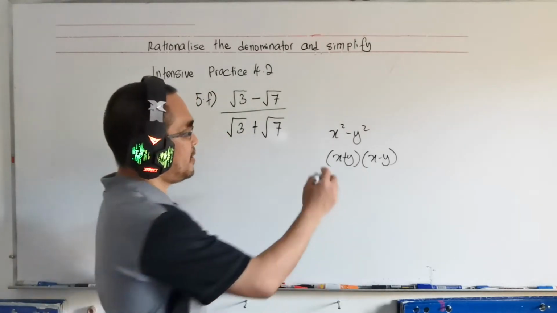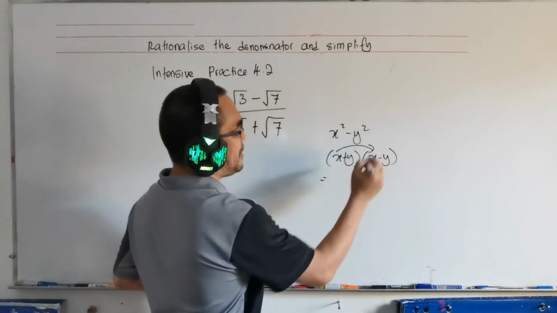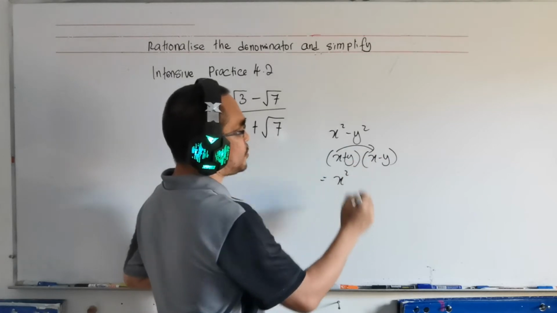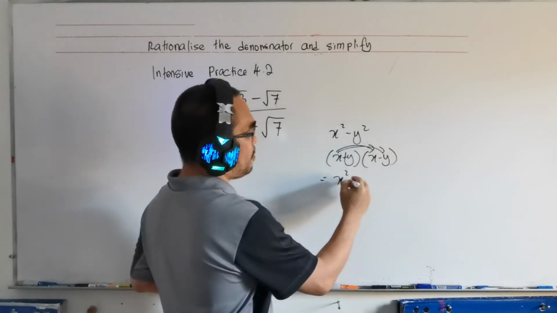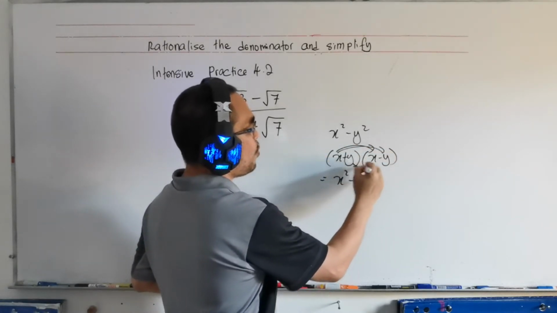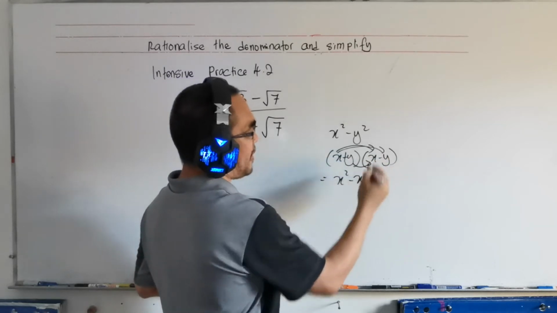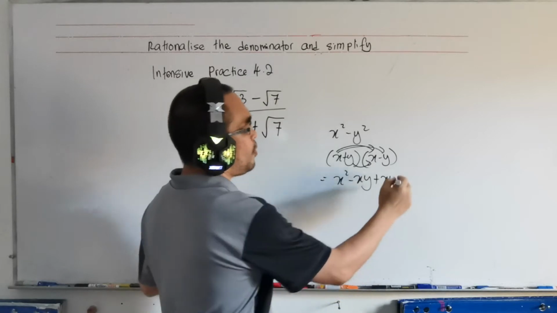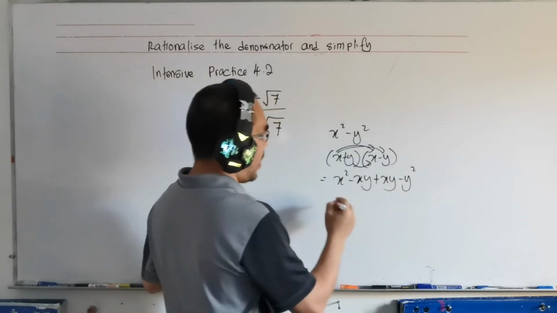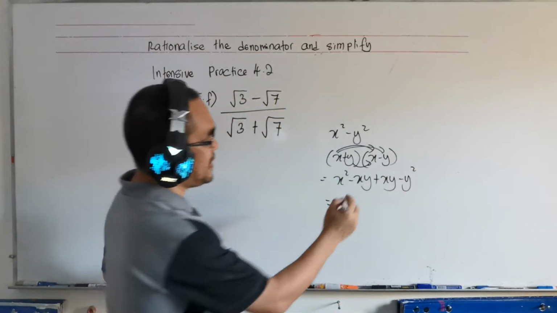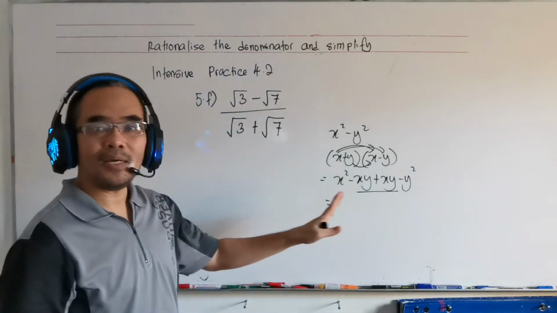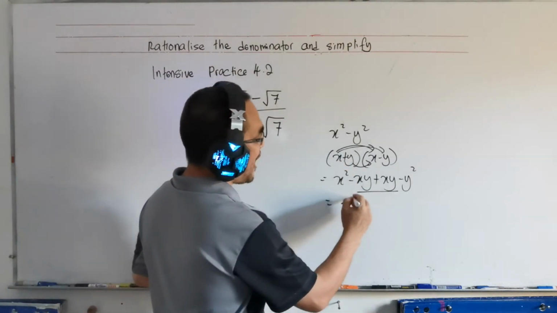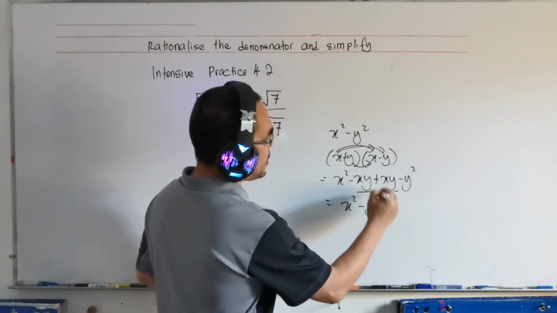Expand them. Expand means you multiply x times x, it will be x squared. X times negative y will be negative xy. Y times x will be plus xy. Y times negative y will be negative y squared. So these will eliminate each other, and what we have will be x squared minus y squared.